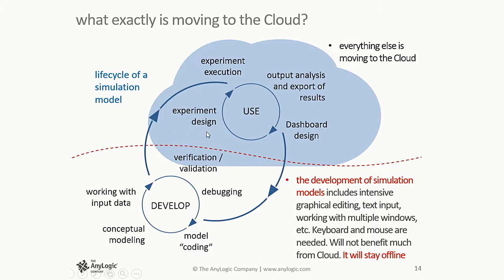With regards to animation, as we've shown already, it does not make any difference, but it's much faster. You can run multiple run experiments, and you can immediately deliver models to your colleagues or users.